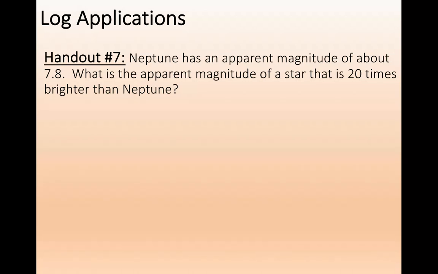So let's see. 7.8 equals, it's the same formula we just worked with, 5 halves log of b sub 0 over b, right? So if something is 20 times brighter than Neptune, well, okay, so I don't know what it is, so let's set it up.